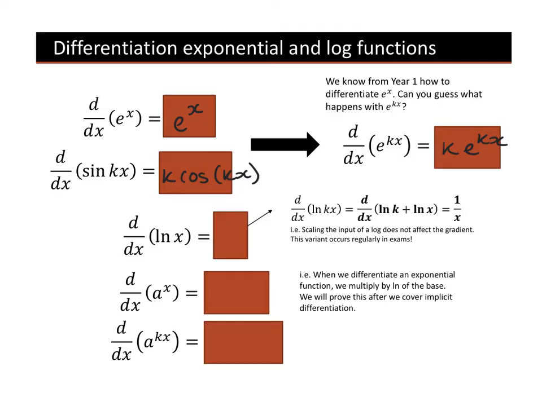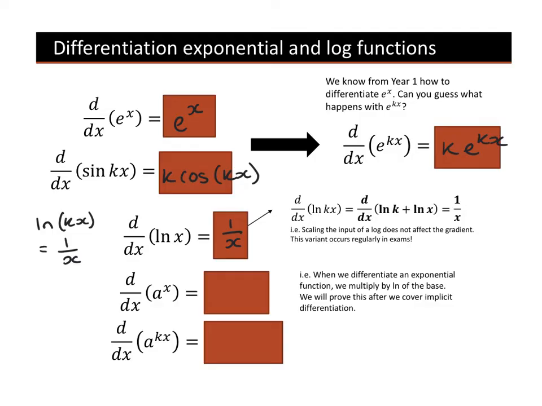Okay. The differential of ln x is, in fact, 1 over x. Okay? The differential of ln kx is also 1 over x. Okay? I'm going to tell you why that is now.